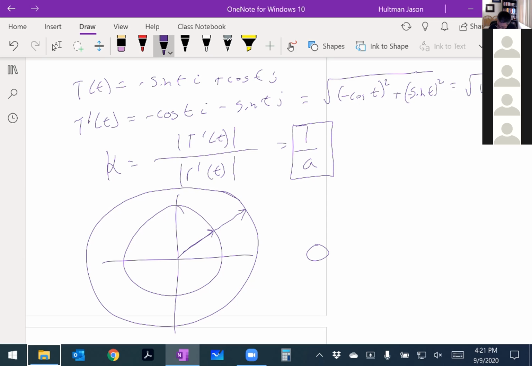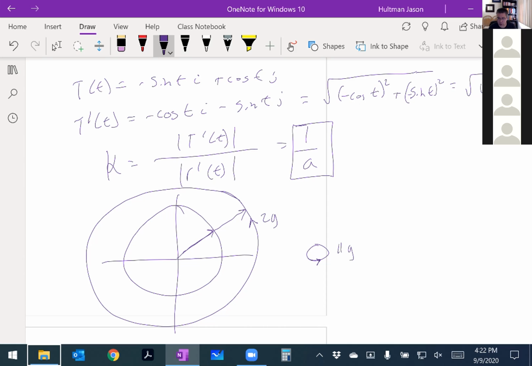Think of it as the change in direction, or basically your acceleration is a lot bigger for a small circle. If you're doing this in a jet, think of that as like 11 G's, and here maybe 2 G's.